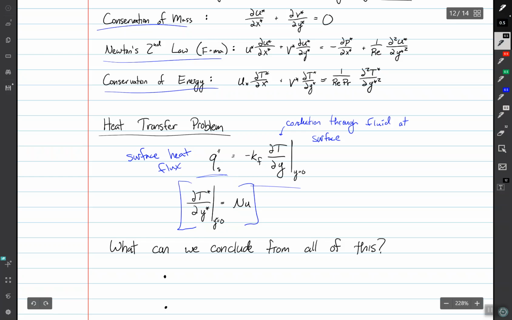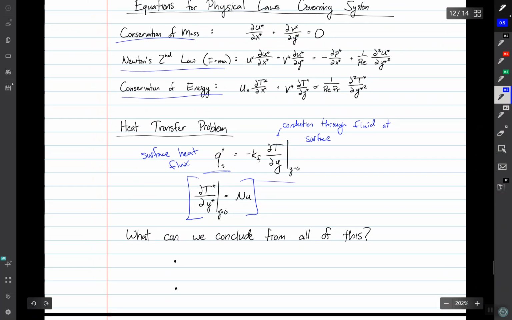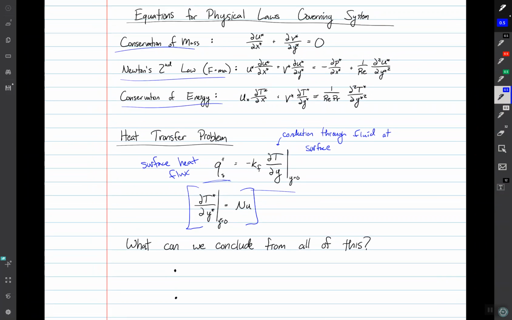Okay, so what can we conclude from all of this? And I'll expand my screen a little bit so we can see all of these equations. These four things, conservation of mass, Newton's second law, conservation of energy, and then the surface heat flux, those are the things that we care about. And if we look at all of these equations, we could go through and solve them. We're not going to do that because we can't actually solve all of these explicitly.